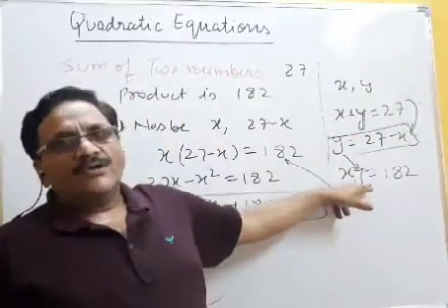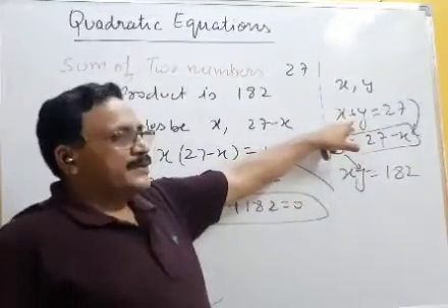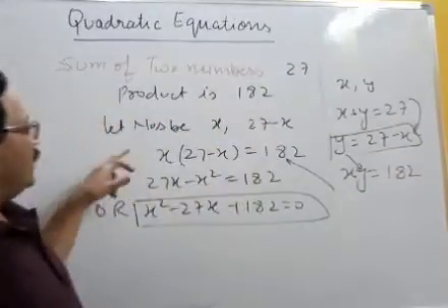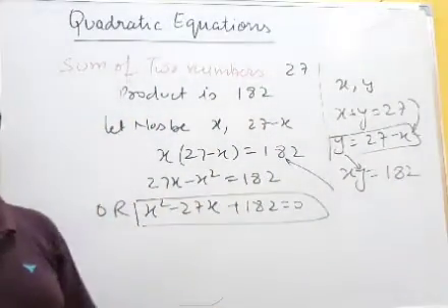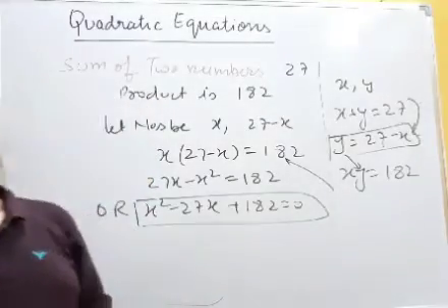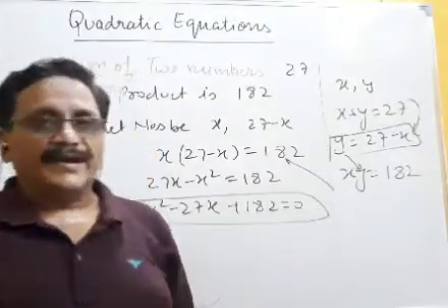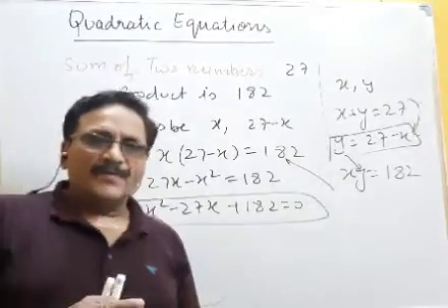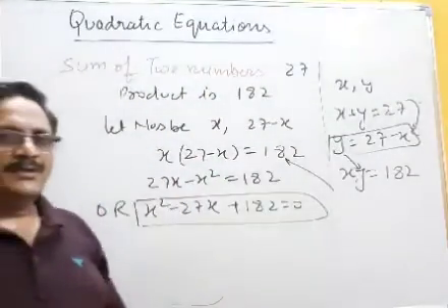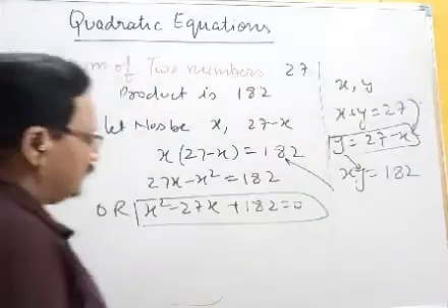You know that you cannot solve two variables together, so you have to substitute one of the values. Substitute y as 27 minus x there, and finally you get the quadratic equation. If the question is from linear, it will be solved as linear, but if it is from quadratic and you start with two variables, finally it will convert into the quadratic equation. This is the point. Okay, so next we start.